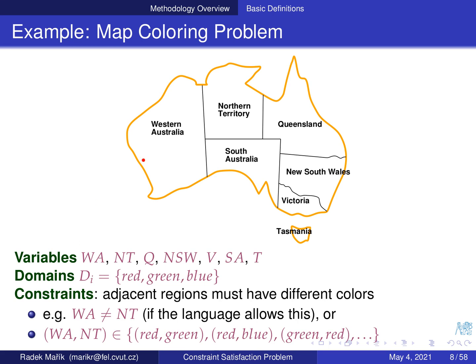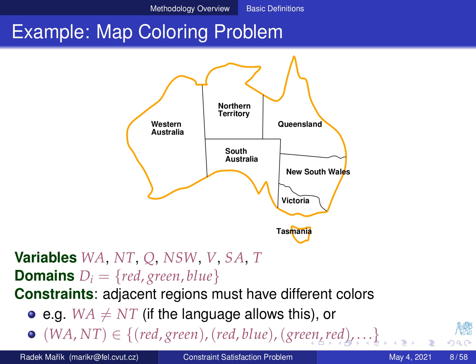We will shorten their names to WA, NT, SA, Q, NSW, V, and T. We can color this map using 3 colors, red, green, and blue. That means all these variables have the same domain, these 3 colors.